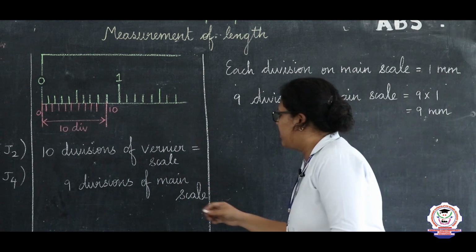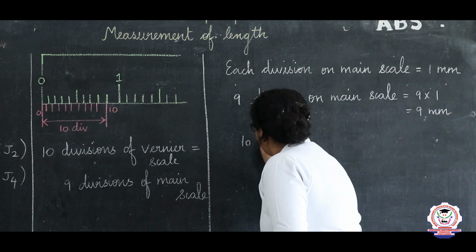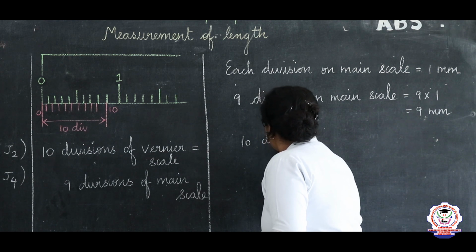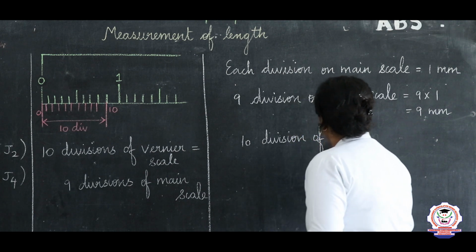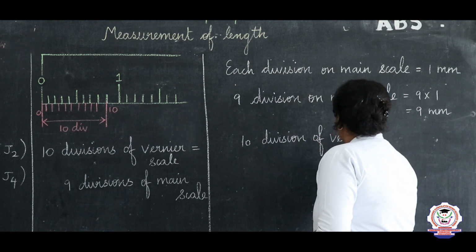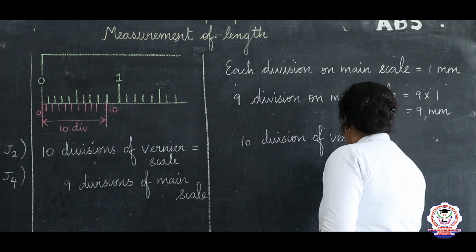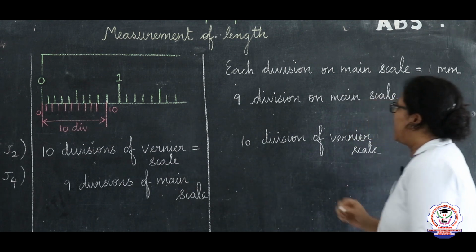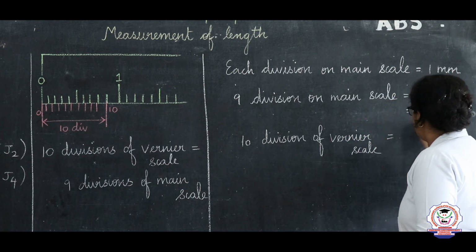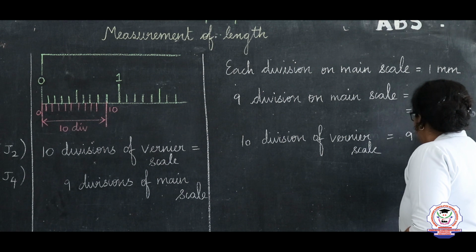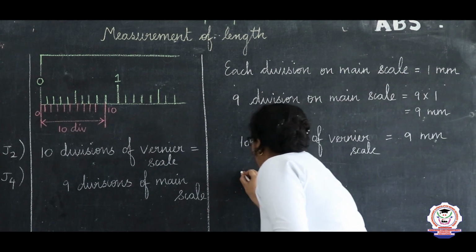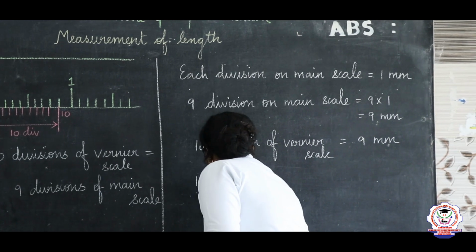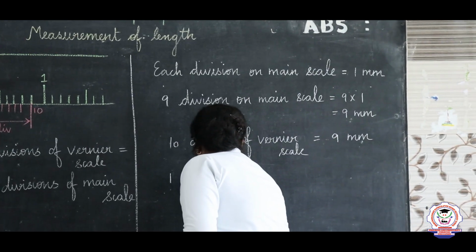Now, we can relate. So, 10 divisions of the vernier scale is equal to 9 divisions on the main scale, which is nothing but 9 millimeter. By the simple unitary method, I can calculate the 1 division of the vernier scale.